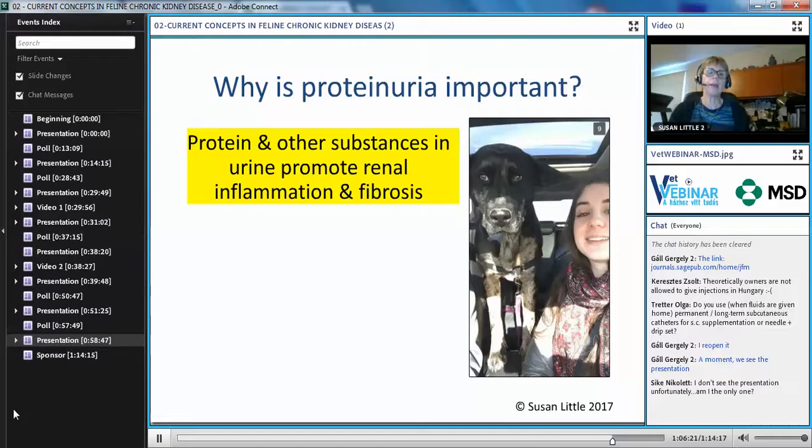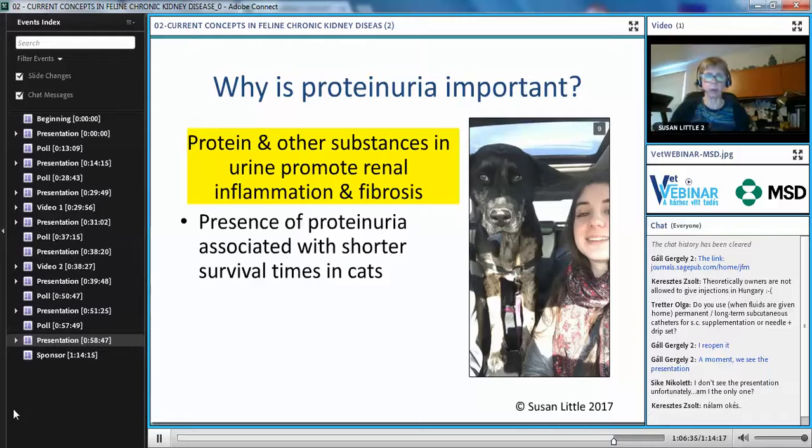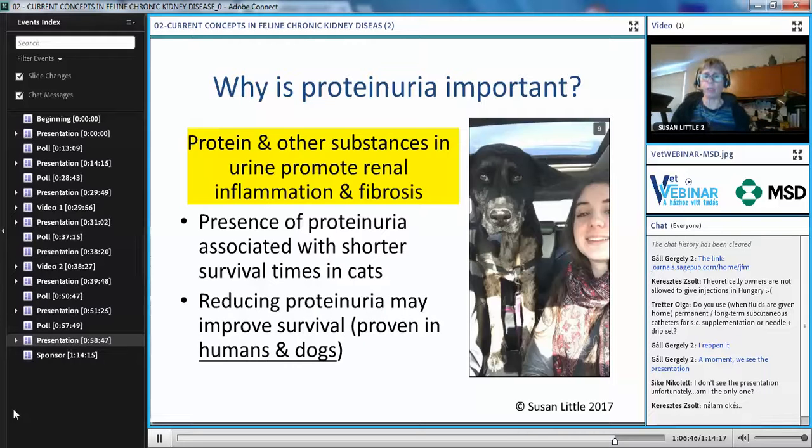So we care because it turns out that protein itself plus other substances that get excreted into urine in chronic kidney disease actually drive inflammation within the kidney, and over time that leads to fibrosis. So it's really important that we look for proteinuria in these patients. We do know that patients that have proteinuria, as I mentioned before, don't live as long as patients without proteinuria. So it is important to monitor.